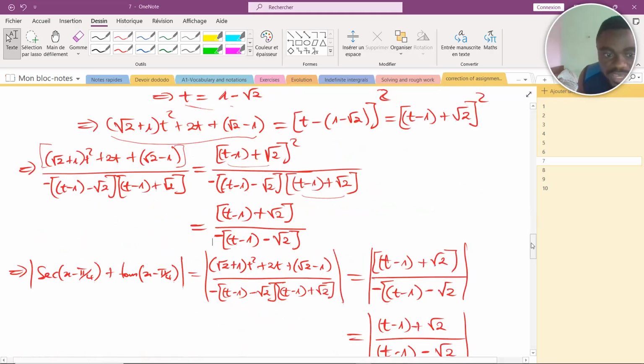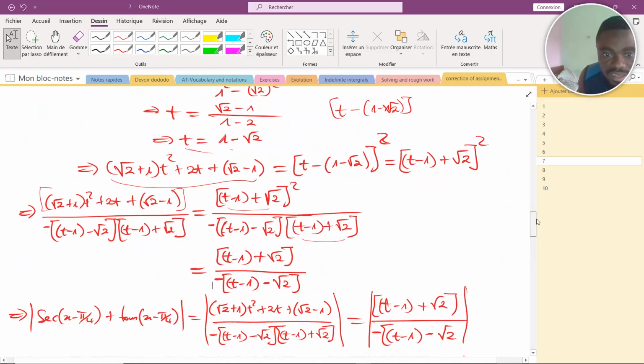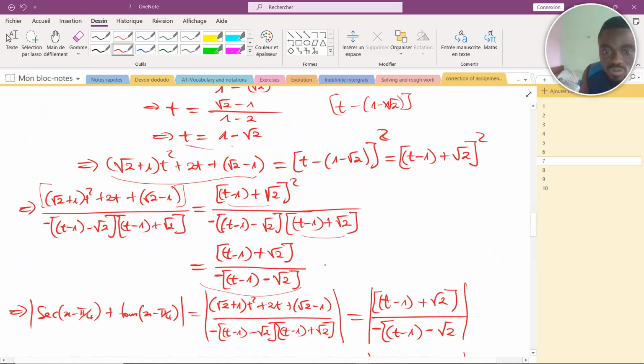Now, don't forget that the expression we have here in terms of t is the expression of sec of x minus pi on 4 plus tan of x minus pi on 4. We have not yet found the absolute value. So we are going to take the absolute value of this.